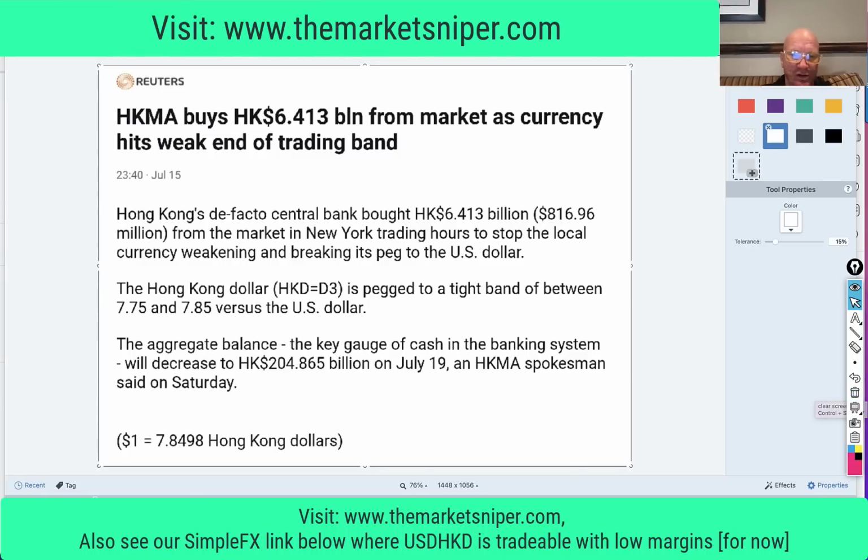This is what is called a peg, between 7.75 and 7.85. So the key gauge of cash in the banking system will decrease from 204.865 billion on July, said yesterday, currently at 7.85, very close to 7.85.